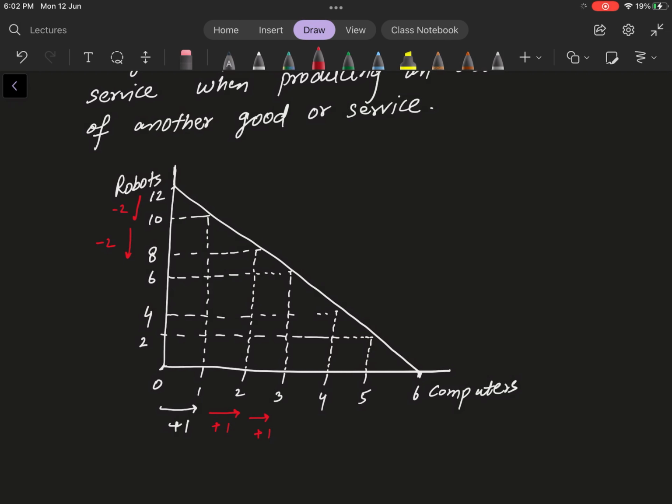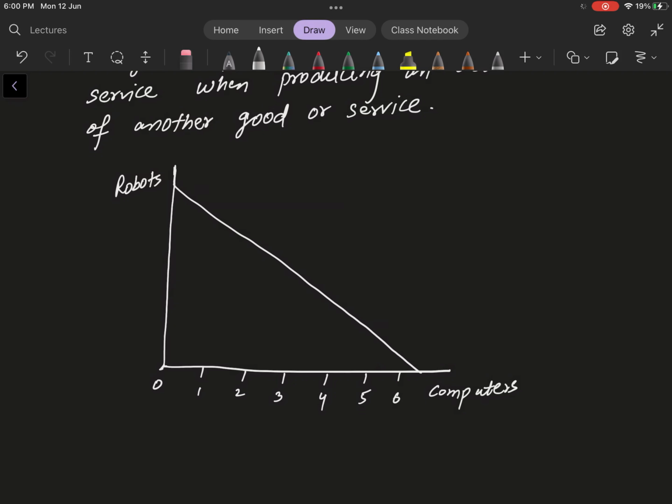And when we move from 2 to 3, we again give up 2 robots. So every time we add 1 extra computer into our production, we give up 2 robots. This is constant opportunity cost. Every time it is costing us 2 robots to produce an additional computer. In this case, the production possibility curve is going to be a straight line downwards.